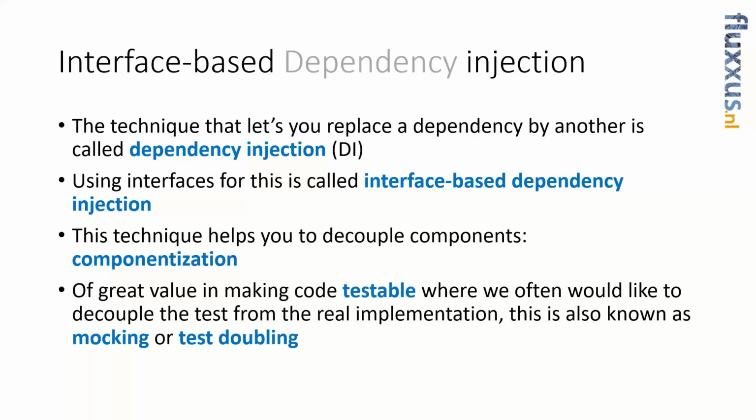We want to decouple our automated tests for various reasons. It could be that that service is not available, so our test fails because it doesn't get a response that fits the test flow, and the test fails, which is not because our logic is not working anymore. No, we're not getting a response. So we would like to test double that, or in daily wording more, we still use the word mocking.